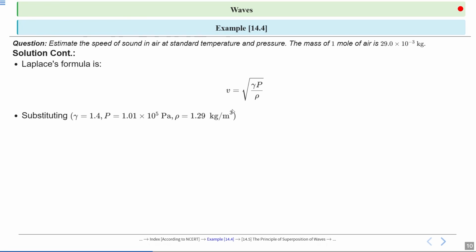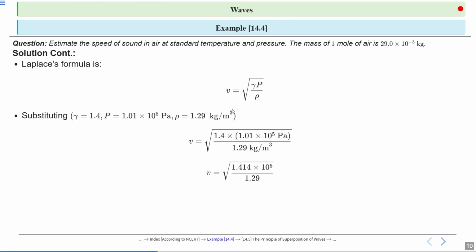Rho is equal to 1.29 kilogram per meter cube. So now plugging these numbers into the formula, we get V equal to square root of 1.4 into 1.01 into 10 raised to the power 5 Pascal divided by 1.29 kilogram per meter cube.